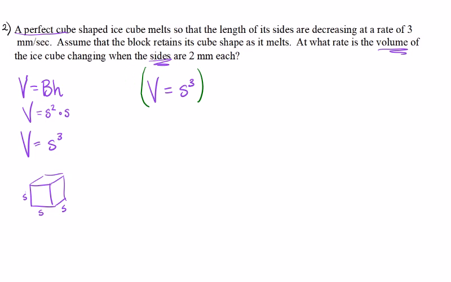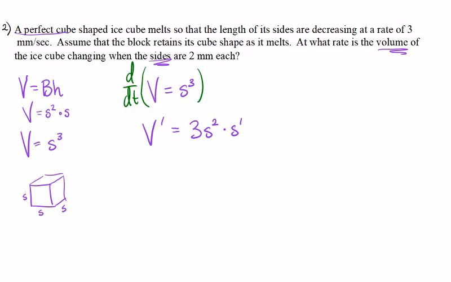So if we take d/dt of this, go ahead and do that and select the result of what you get after you take the derivative with respect to time. All right, perfect. If you got V prime equals 3s squared times s prime, that's perfect, right?